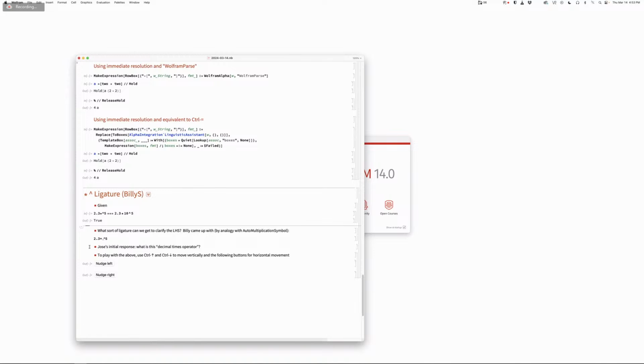Through a couple of iterations, Billy and John and I came up with what's there. And actually, when I showed that to Jose, his initial response was, what's this decimal times operator? So maybe we didn't do a very good job, but I figured it was still worth discussing.